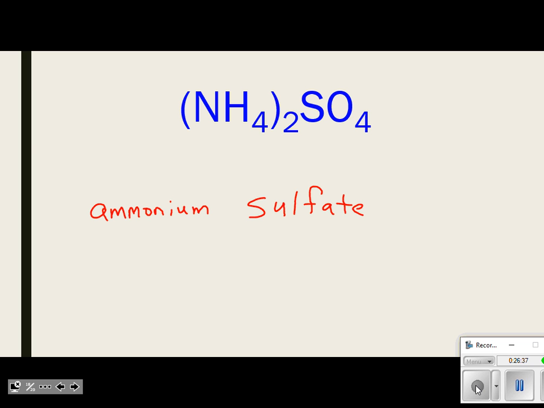Now, with ammonium here, you will never have a Roman numeral with ammonium. I see a lot of people, since there are two ammoniums up there, they want to put a Roman numeral 2 behind it. No dice. You do not need a Roman numeral with ammonium. So, basically, NH4 parentheses 2, SO4 is ammonium sulfate.